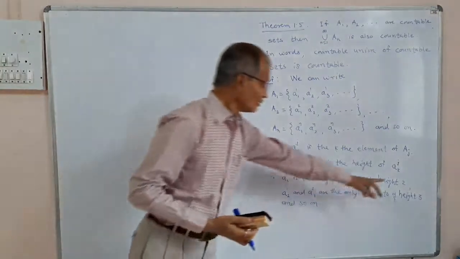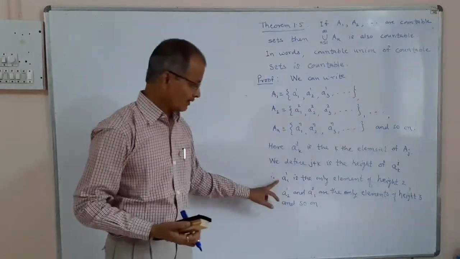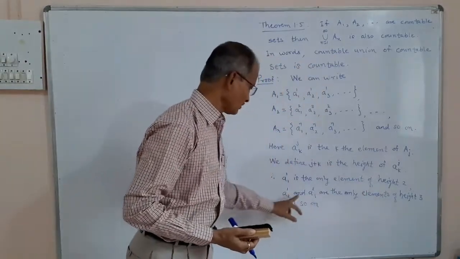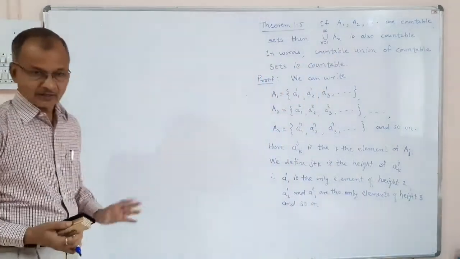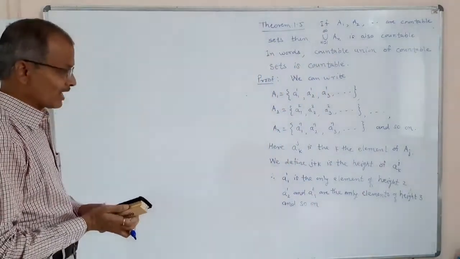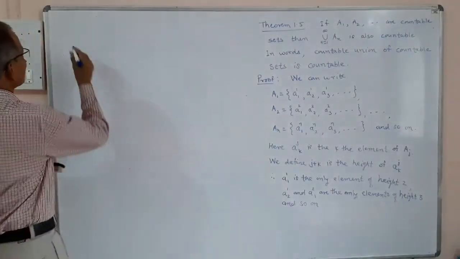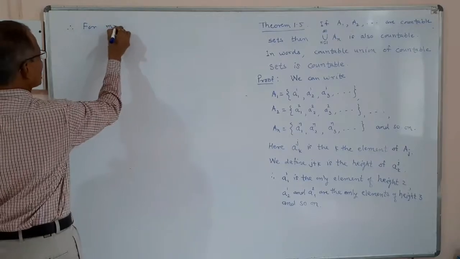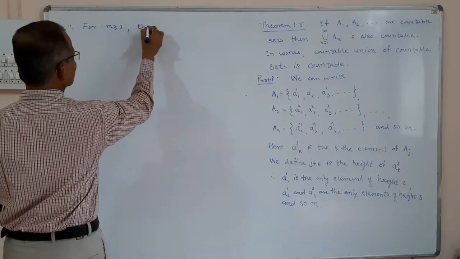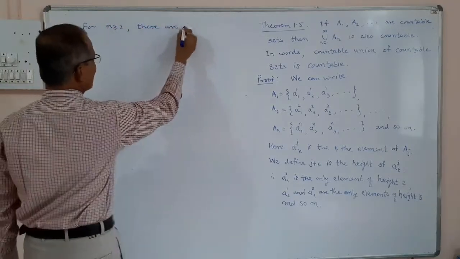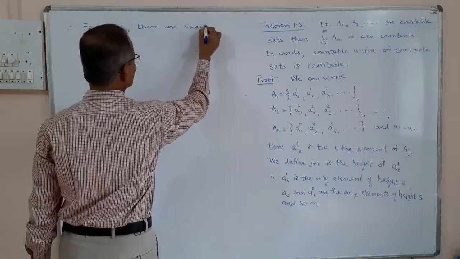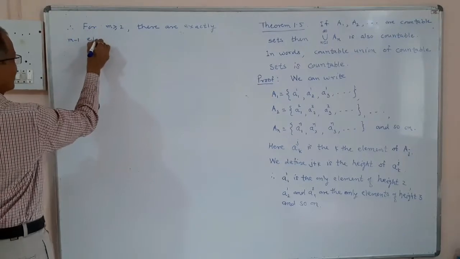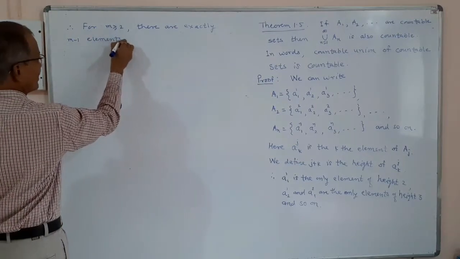You see, there is only one element of height 2, and of height 3, there are 2 elements. So if the height is m, then how many elements must be there? m minus 1. So therefore, for m greater than or equal to 2, there are exactly m minus 1 elements of height m.